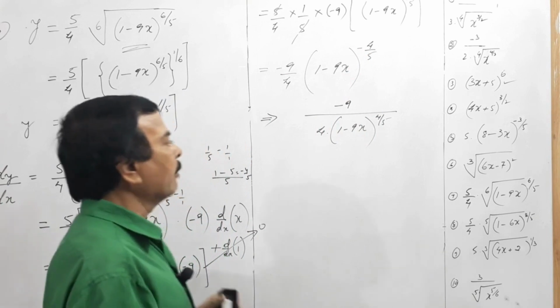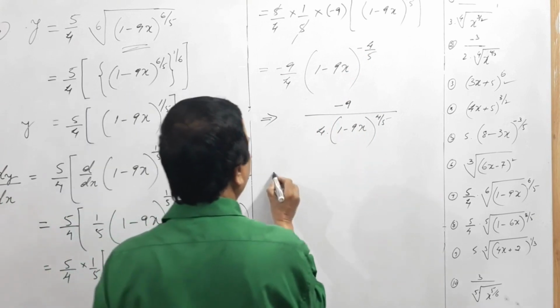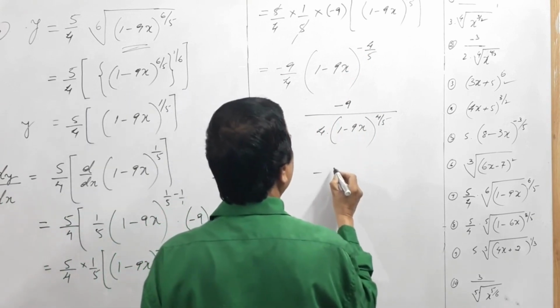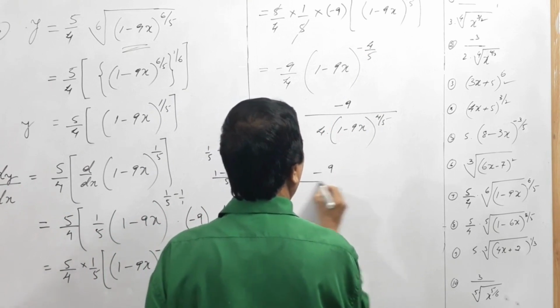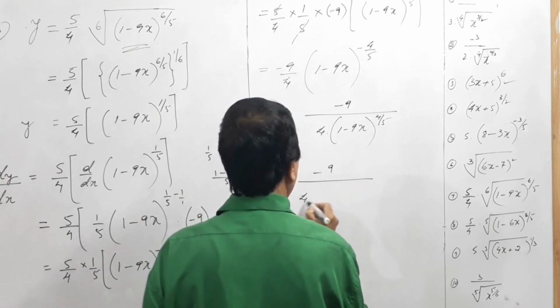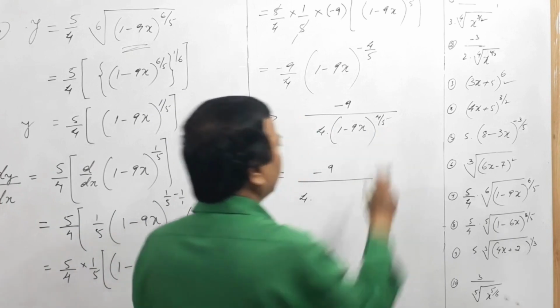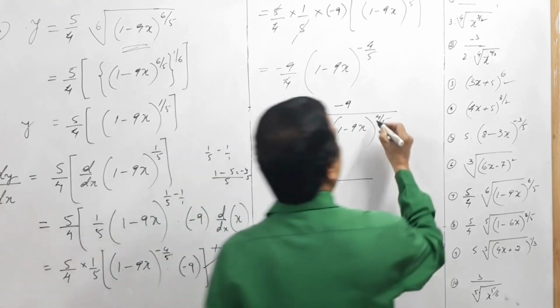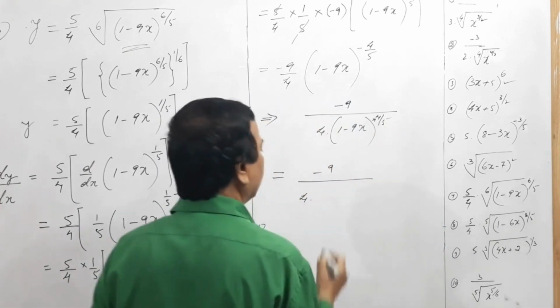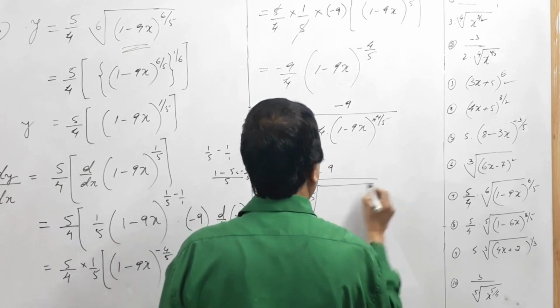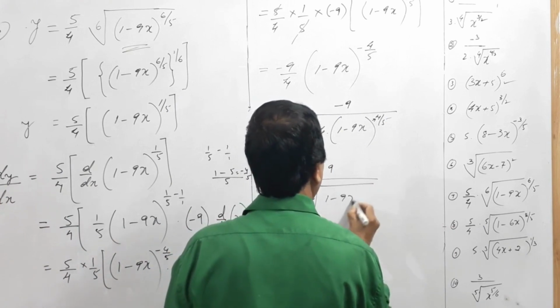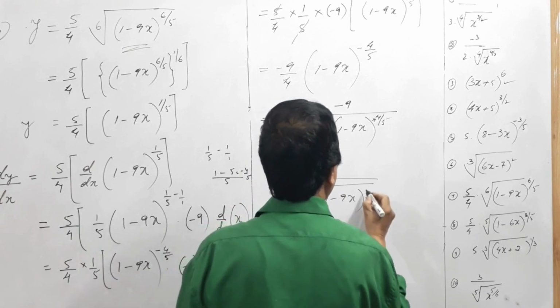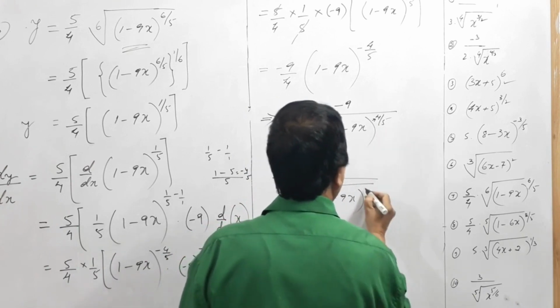Now we will apply this, which is nothing but minus 9 by 4 into 1 minus 9x to the power of 4.